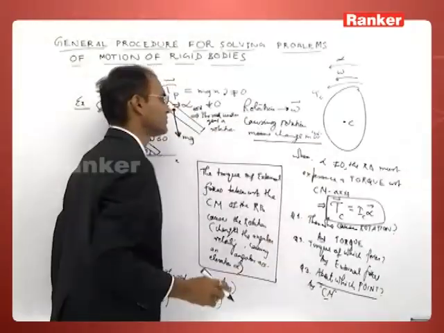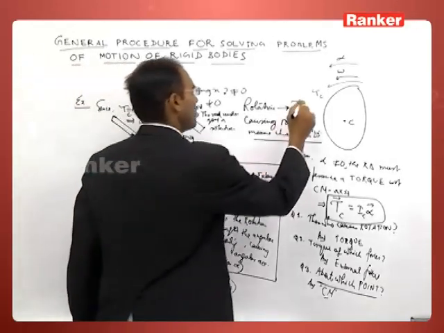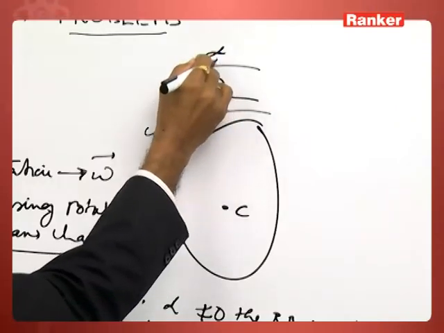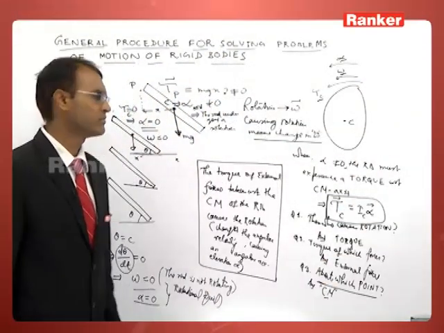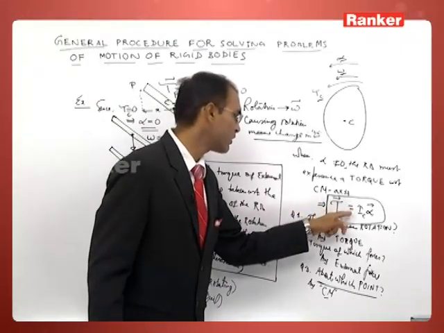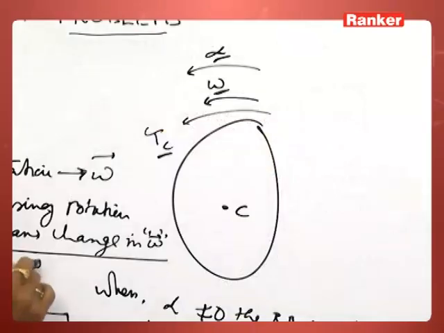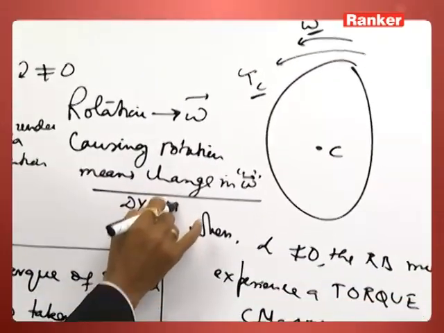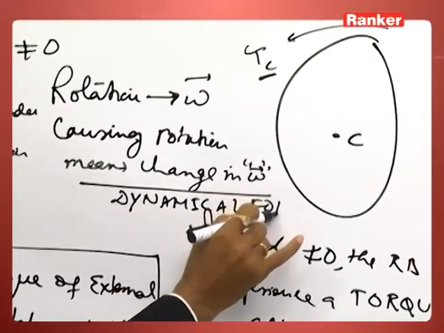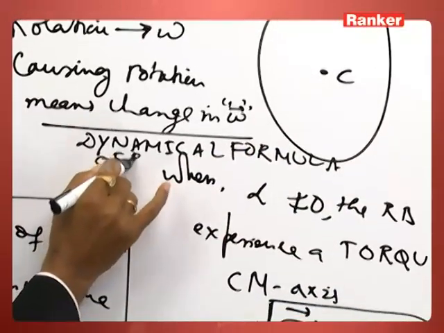Tau c: torque about the center of mass causes the angular velocity to change, obeying this equation, tau c is equal to I c alpha. This is called the dynamical formula of rotation.